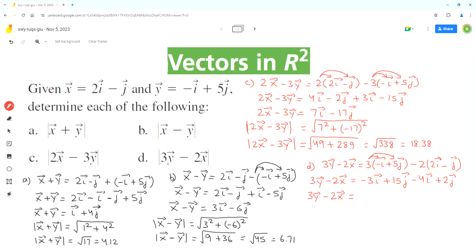Now we can combine the i and the j terms. So this is the vector 3y minus 2x. Now we can find the magnitude.